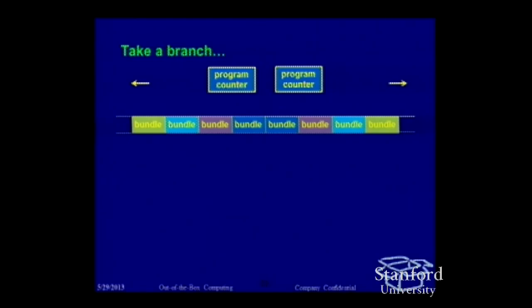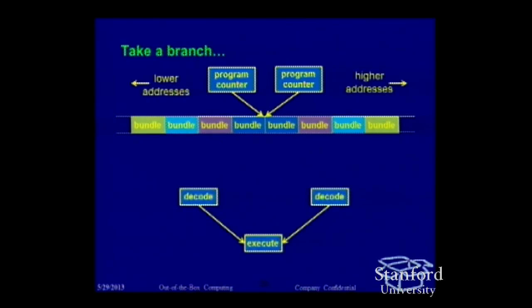Now how that works. There's two program counters, they point there. We have to bring up the decode and the execute. You remember we were doing decode. We pull off the two central bundles. We move the program counters to the next bundle. The decode does its thing, sends the signals to the execute. Execute executes.